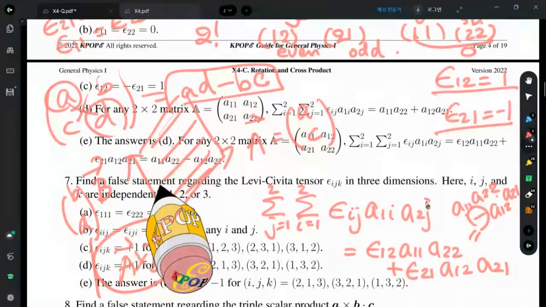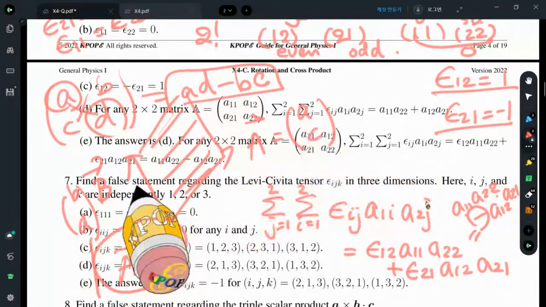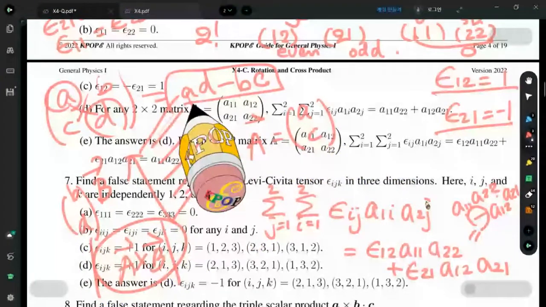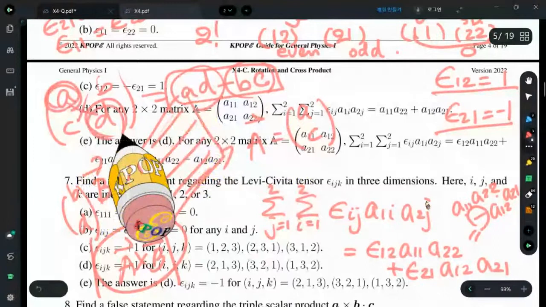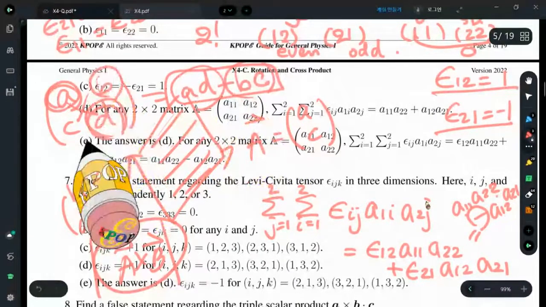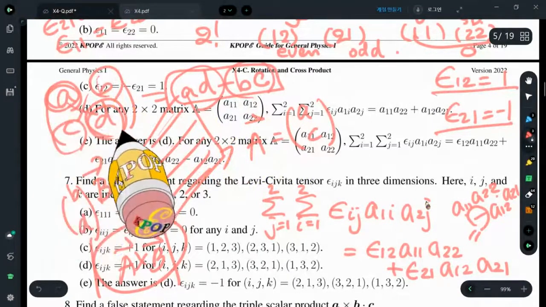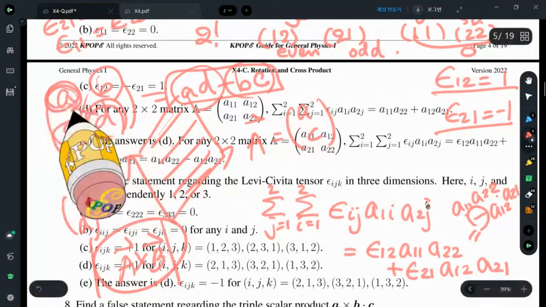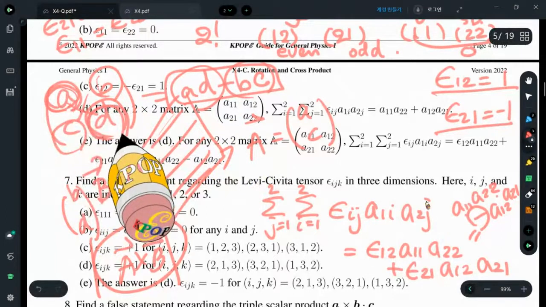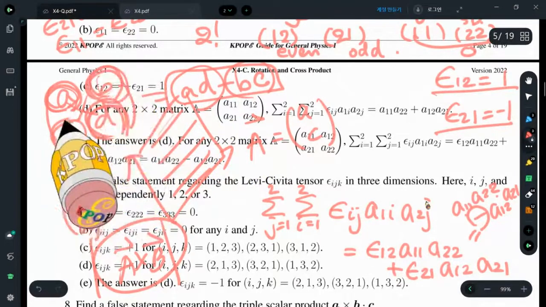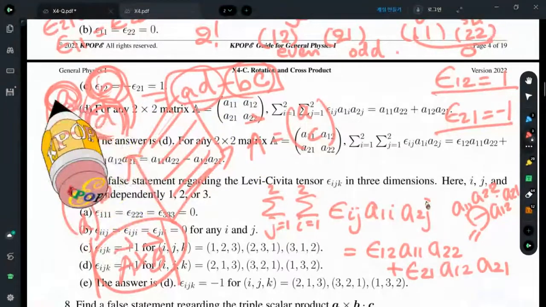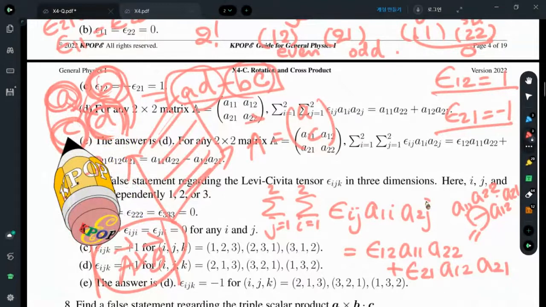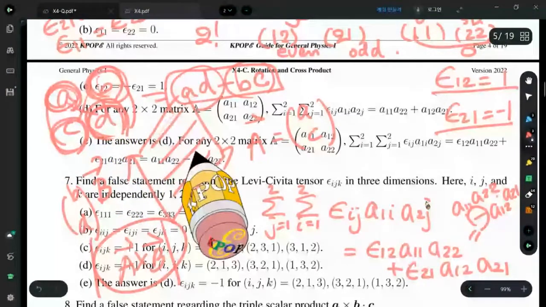And that can be computed by just computing this one: A times D minus B times C. A times D means the X component and Y component, and this is the Y component and X component. Always we have to multiply the perpendicular components to find the area or volume.